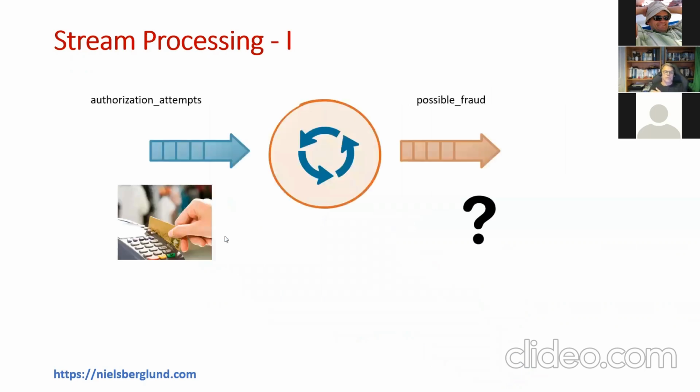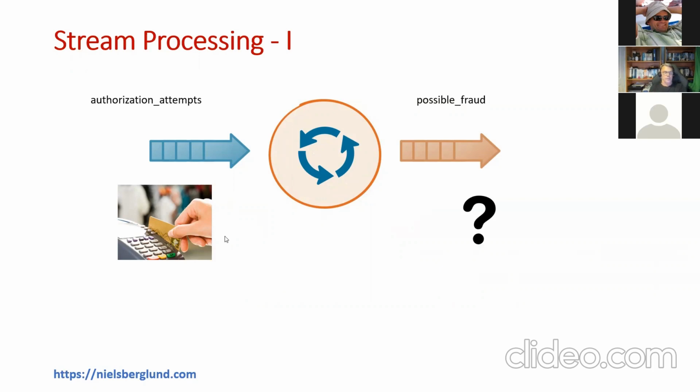An example here is that we're a credit card company, and when a credit card is used, there are authorization attempts. Based upon these authorization attempts, we want to catch possible fraud, right? This is an excellent example of a stream processing application.